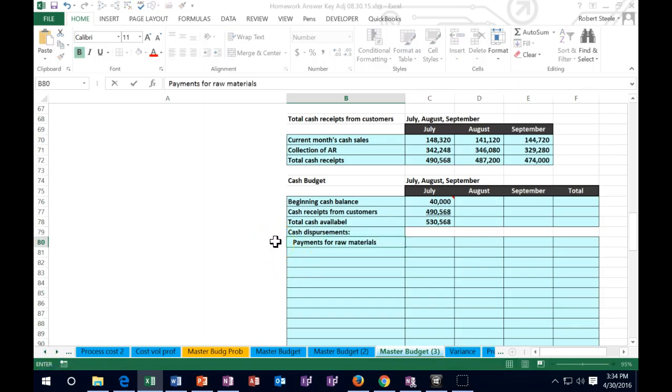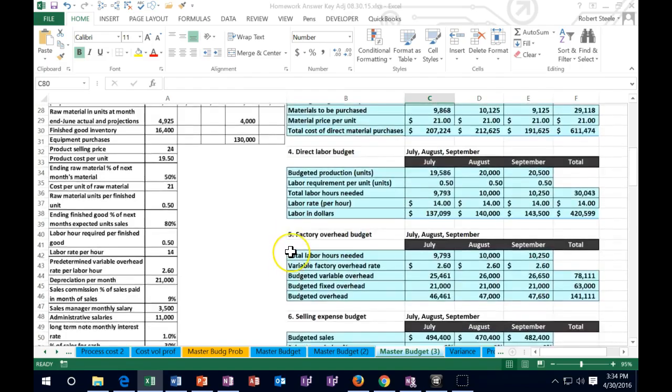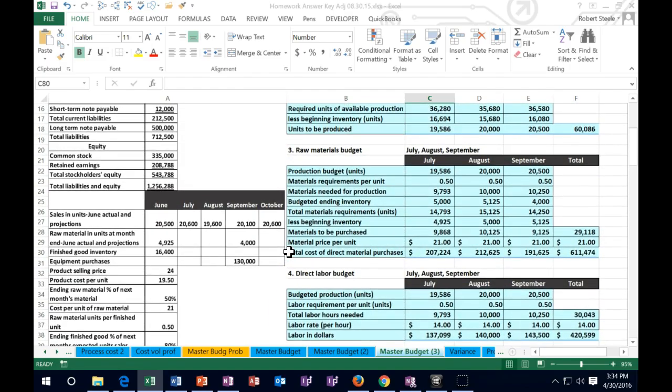We're going to have payments for raw materials. We're basically going to go through our budgets now and plug these numbers in terms of what our cash disbursements were. Now, if we go up to the raw materials budget, we have July, August, September. But the raw materials is a bit confusing because what actually happens is we buy the goods on account into accounts payable, and then we pay for them in the following month.